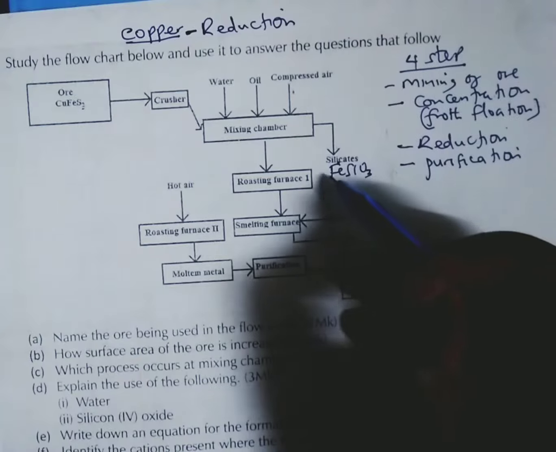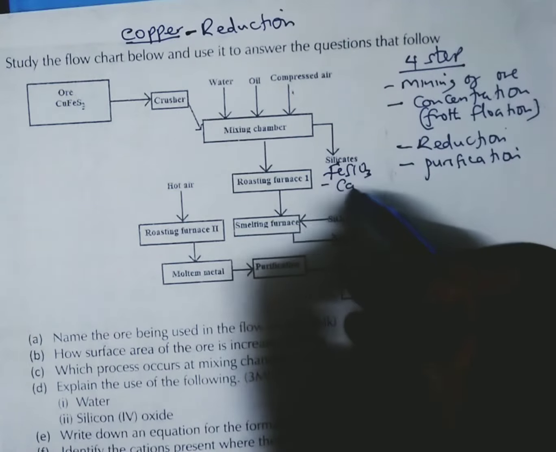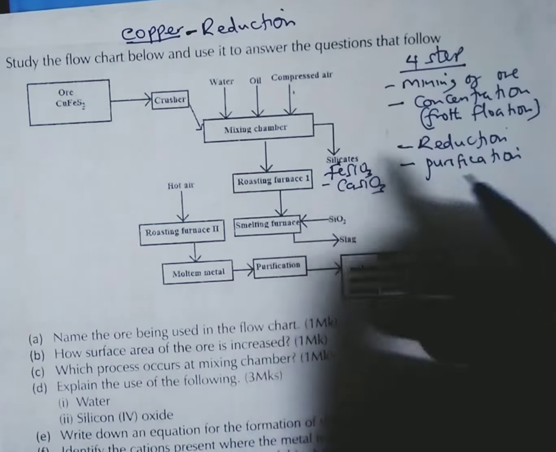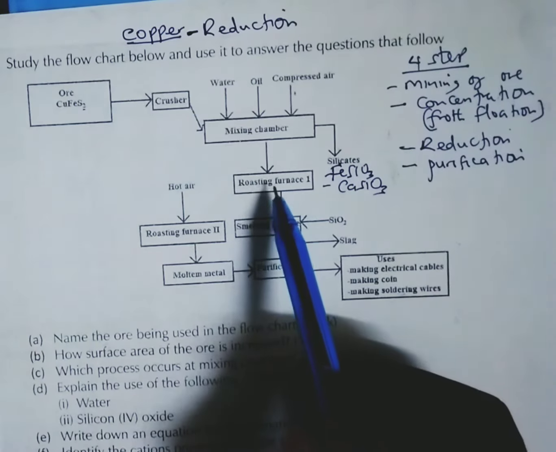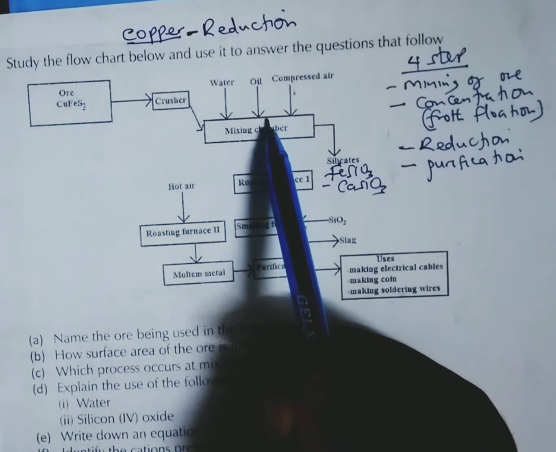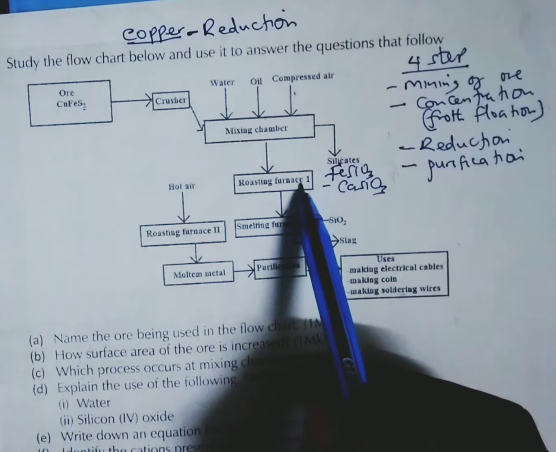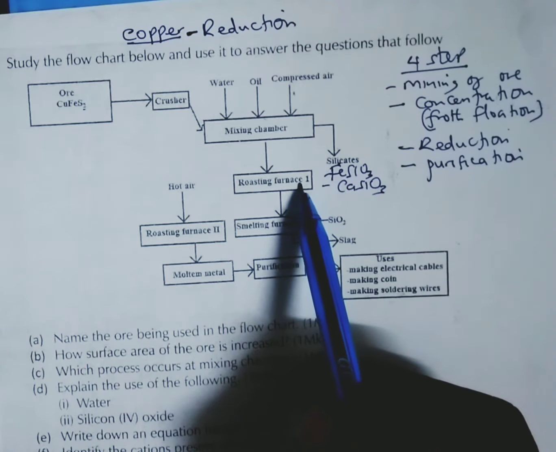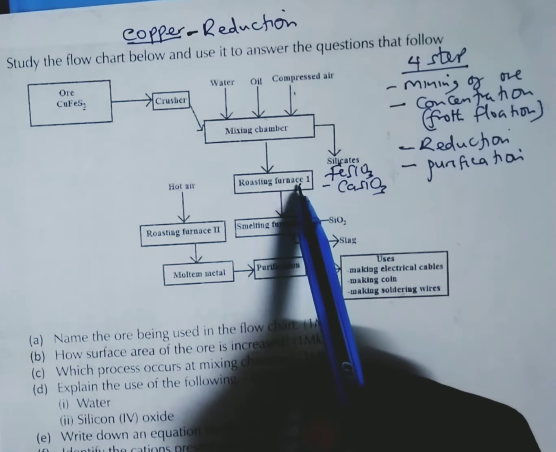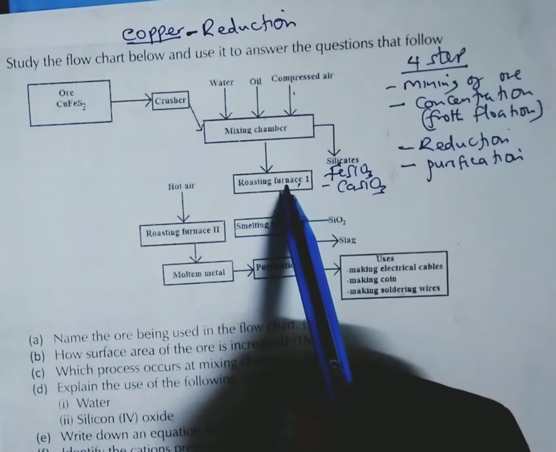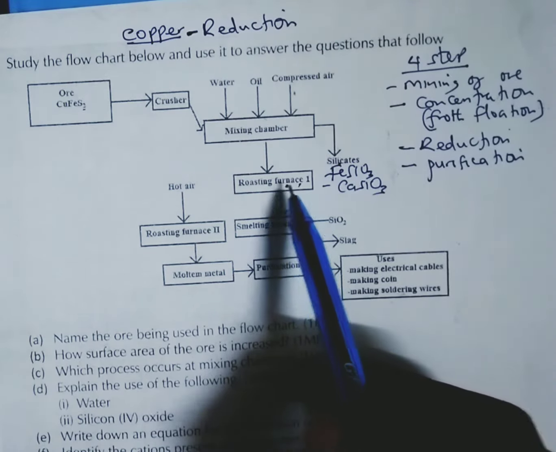We are also going to have calcium silicate. Then the concentrated ore comes to the first roasting furnace, where it is reacted with controlled amount of air to give us copper 1 sulfide.